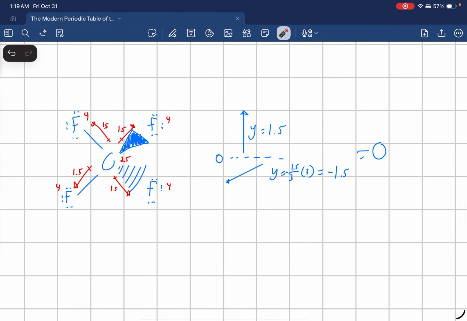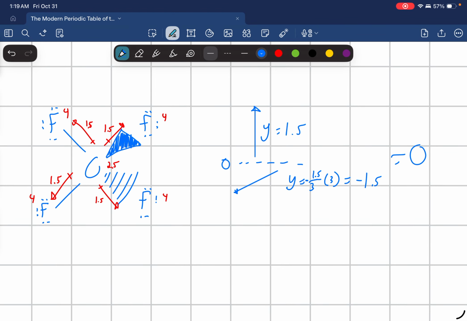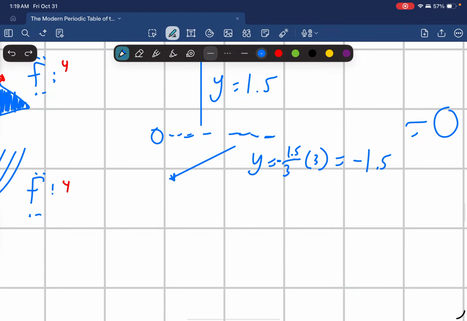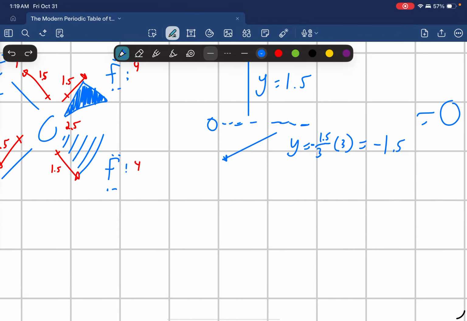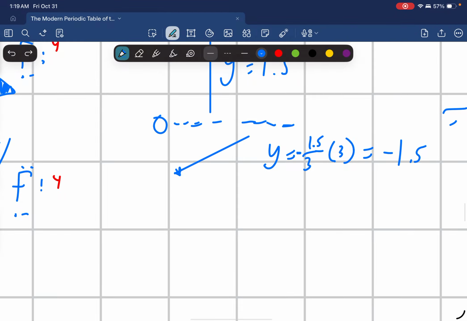So if we go over here, we can look at this fluorine right here. We're going to take that one and make it this arrow. So it has a magnitude of 1.5. And if we take the carbon, the line here, we'll make that the 0 line. And then all the other ones, just by trigonometry, are going to equal a third of what their y value is. So the y value of this part, so this is the y and this is the x, and this is the entire one, which is 1.5. The y is going to be the 1.5 over 3.